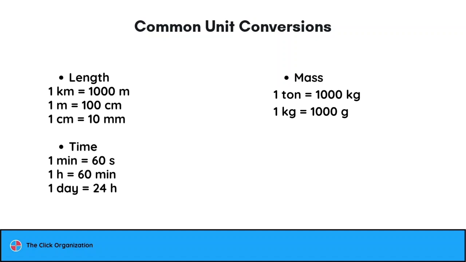And for mass, 1 ton equals 1,000 kilograms, and 1 kilogram equals 1,000 grams. And keep in mind that these are some of the most frequently used conversions in physics problems, so it's very helpful to memorize them all.